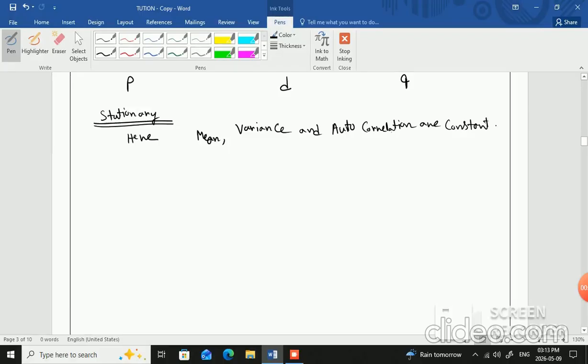Some types of stationary data we discuss. Type 1, strict stationary.